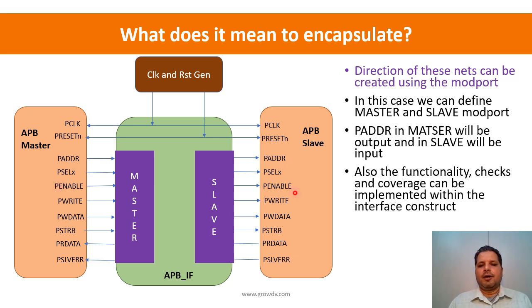Now what this interface construct is trying to do is encapsulate the ports of your DUT and the connection between these two ports. Both of them it's trying to encapsulate. That's what we are showing with this picture.